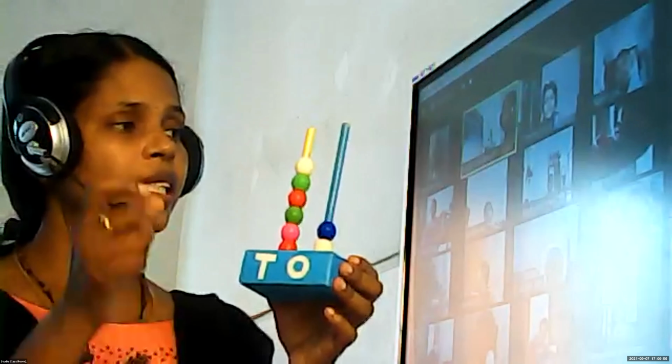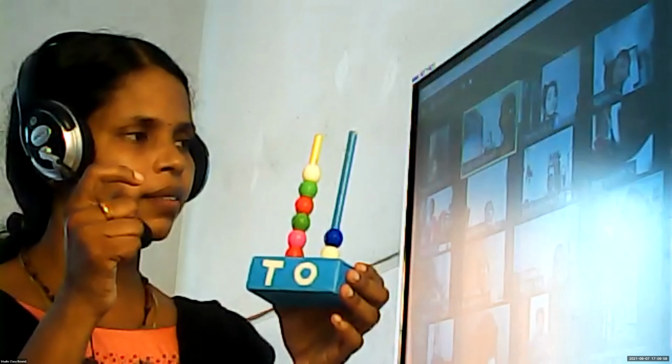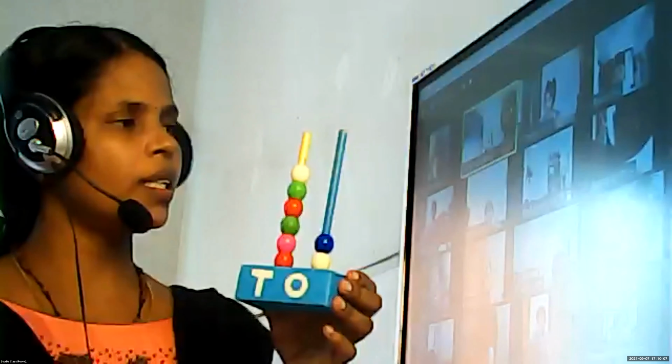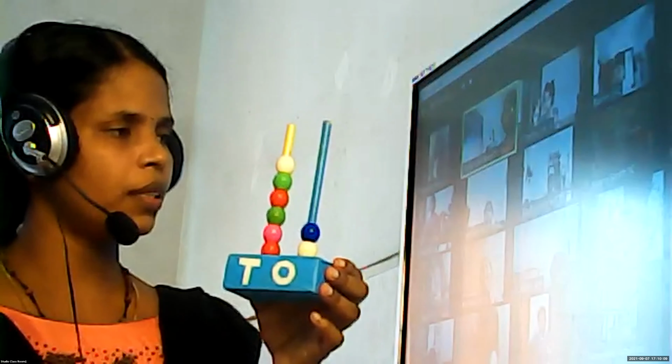Lakshana, 6 tens and 2 ones. What's the number? 6 tens and 2 ones together make what?